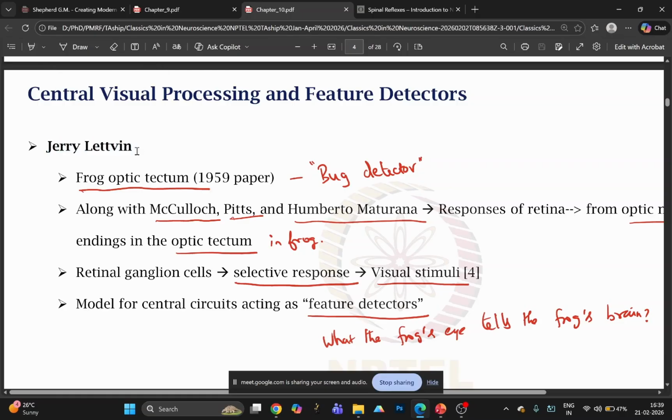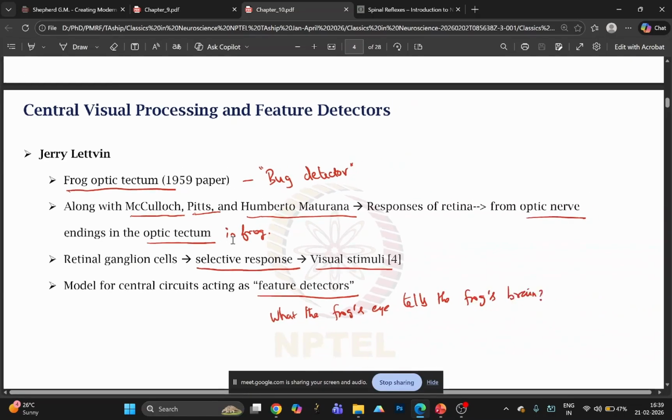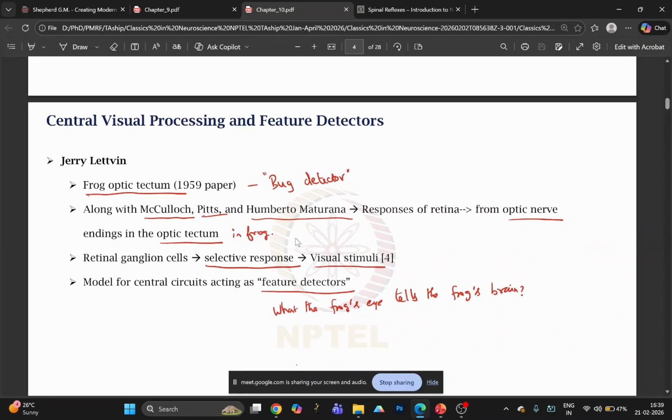So Jerry Lettvin was working with the frog optic tectum. The tectum is basically a region present in the central brain of the frog. When he was working with the frog optic tectum along with his colleagues, he tried to understand the responses of the retina from the optic nerve endings in the optic tectum.